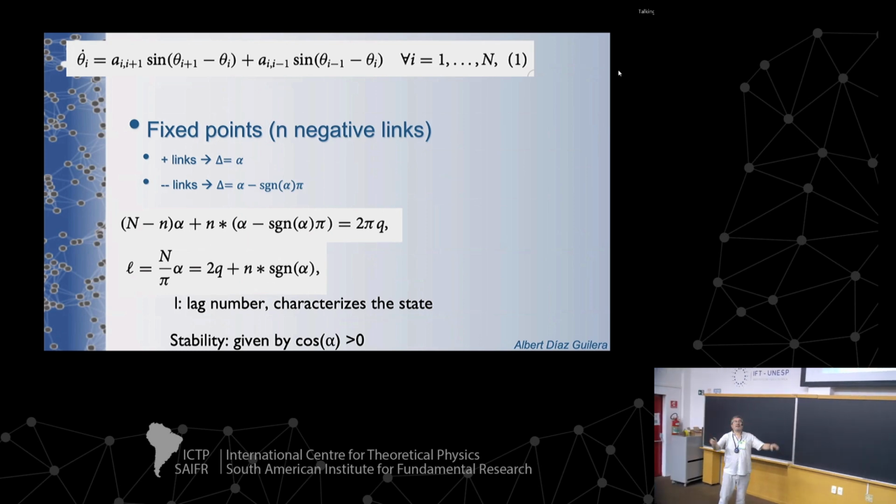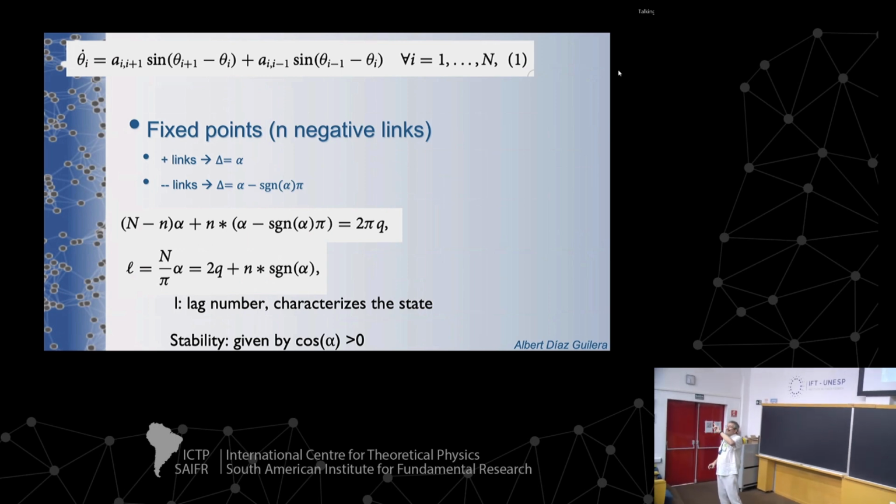Simple exercise again. At the end, you realize that there is a number L, which we call the lag number, which characterizes the state because it tells you how many rounds. When you move along the circle and sum the phase differences, you get a multiple of 2 pi, which is usually called the winding number. But we introduce this L because we are also taking into account the negative links.